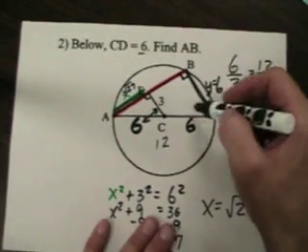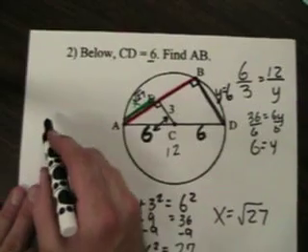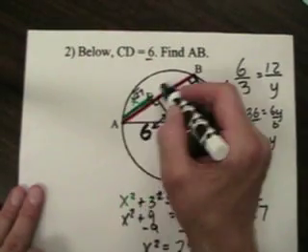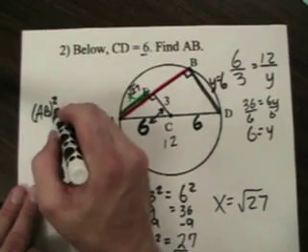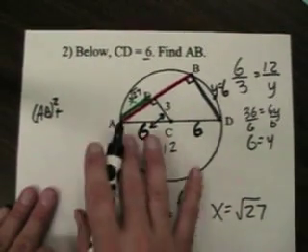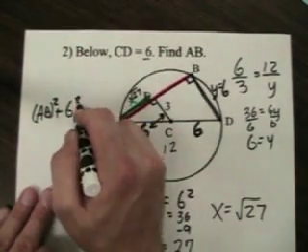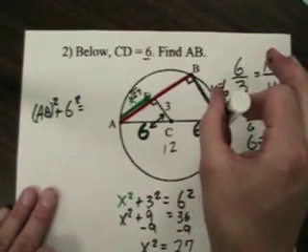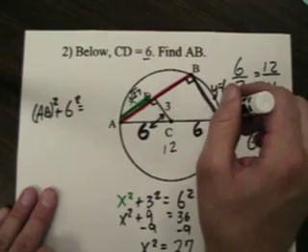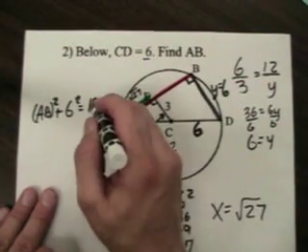Now, I could use the Pythagorean theorem again. I know that this whole long side here, AB squared plus 6 squared should equal, what is that? 12.